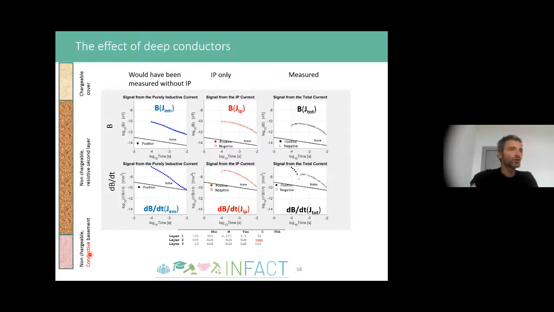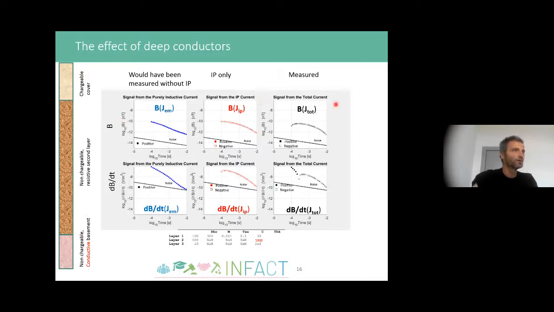So I'm going to show you a set of slides as I progress through them. The only thing that changes is the depth at which this conductive basement is buried. We start with it very deep, and then I'm going to bring it shallower and shallower.